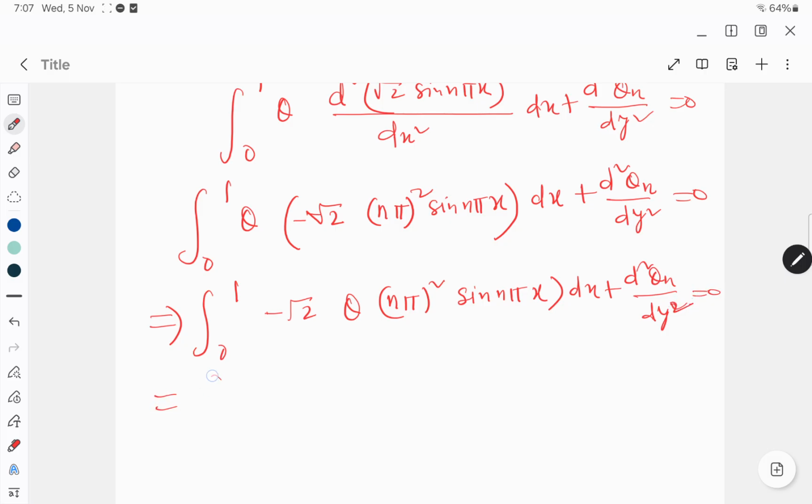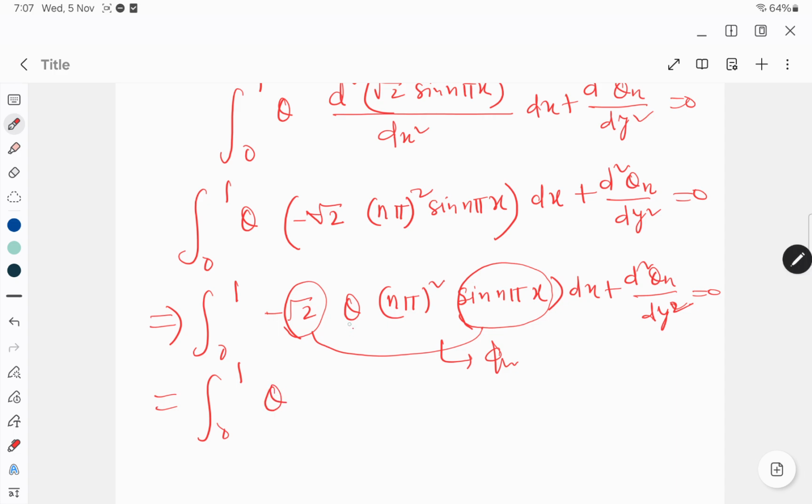Now as you understand, this root 2 sin n pi x is nothing but phi n. The derivative of sine is cosine, and the derivative of cosine is again sine, so it returns the value of phi n.